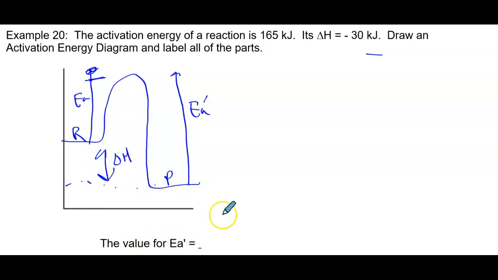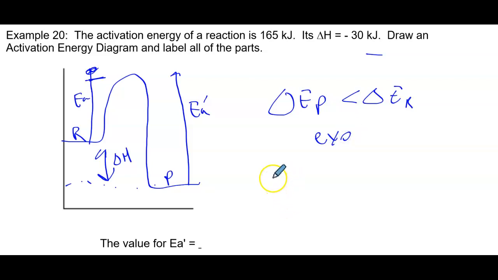This time it asks us to figure out the value for E sub A prime. Well, we definitely want to say E sub A of the products compared to E sub A of the reactants is less than, so it's exo. And then we can say delta H equals E sub A minus E sub A prime. We have delta H is negative 30 kilojoules.